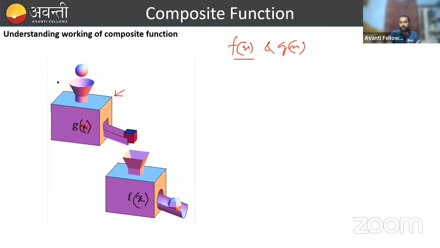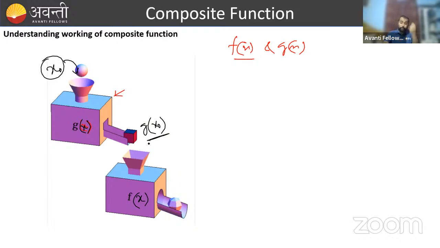Okay, so if I give some input, let's say I'm taking x naught, I'm giving x naught as input to g of x, to the first machine. So what is the output you will get? We'll get g of x naught. Yes or no? So you will get output as g of x naught.